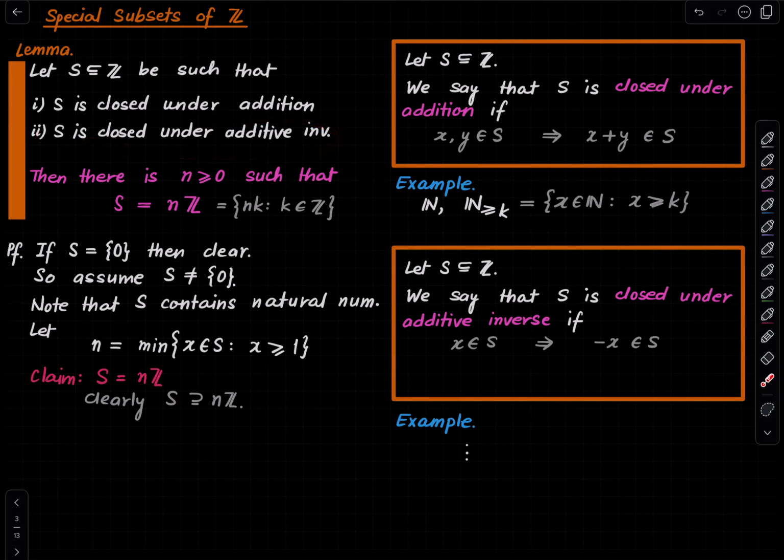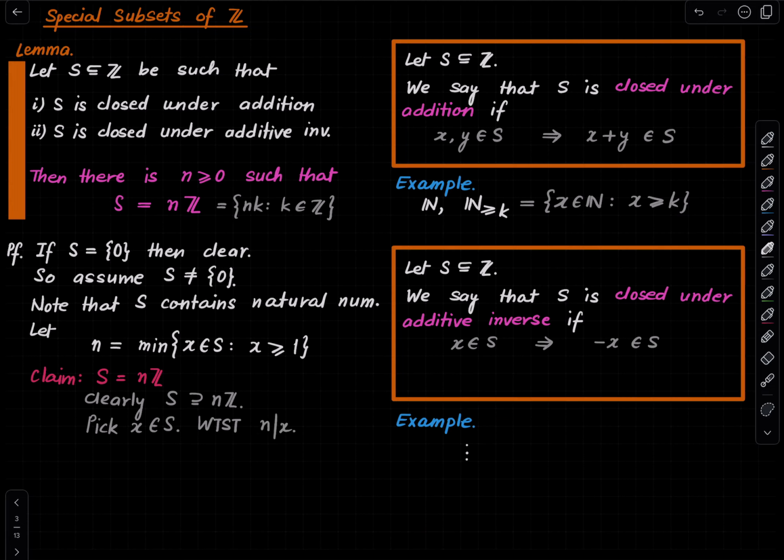We want to prove the reverse containment, which means to say that everything in S is divisible by n. So that's what we want to do. Pick x in S arbitrarily. We want to show that n divides x.